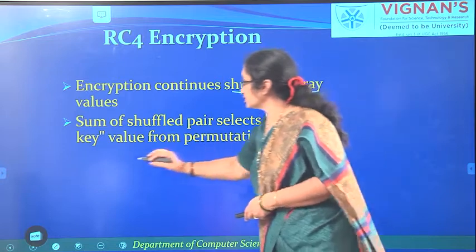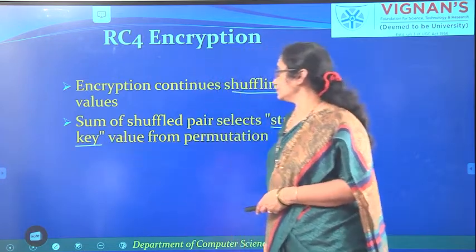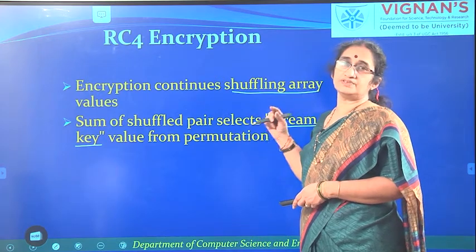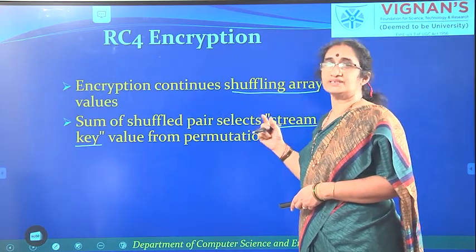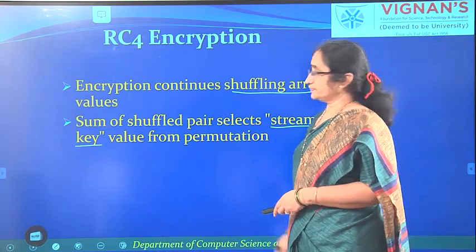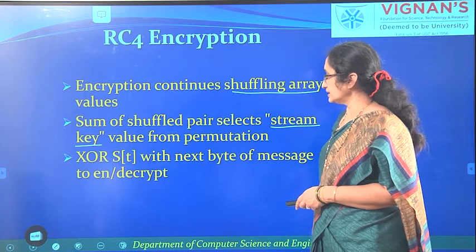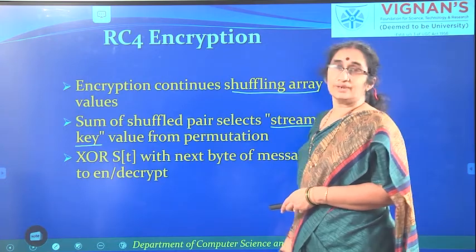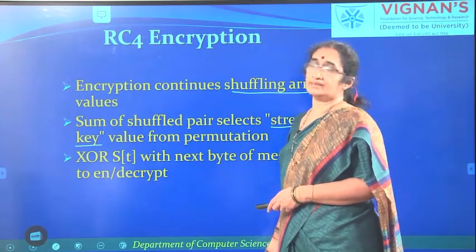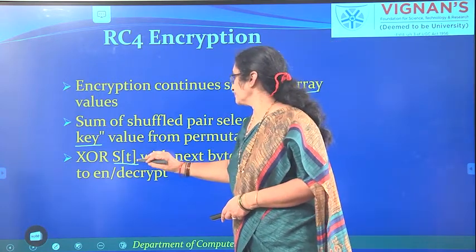Depending upon the shuffling value, you add those values, and that particular outcome is the subscript which you use, and the value present at that location is the key value. And to get the cipher text, we XOR the plain text byte with the key byte.